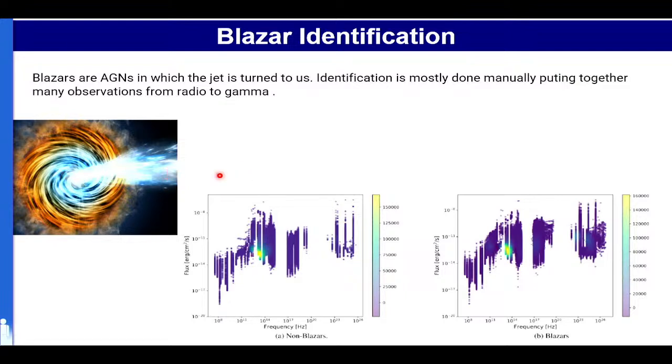It depends on how much mass is falling into the supermassive black hole. Okay, so we have this very heterogeneous data that come from radio to gamma, with a lot of blind spots, and with a sample of non-blazars and blazars, and they pretty much look the same. That's a highly heterogeneous data set, as we can see in the next slide.